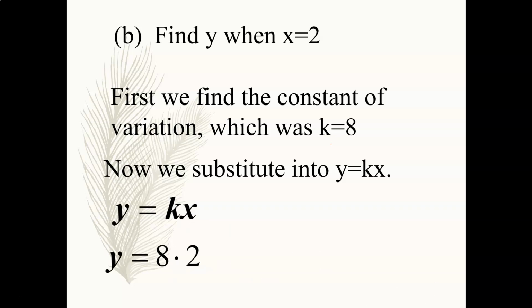Our answer will give us y equals 16. So first, you have to find the constant of variation, and then substitute the value of k so that you can solve for y when x is equal to positive 2.